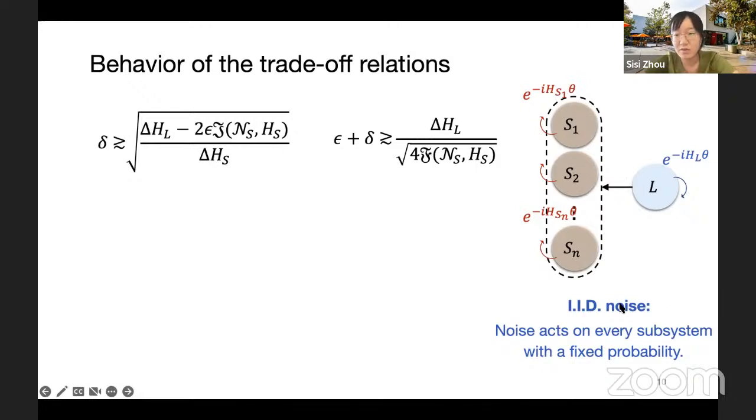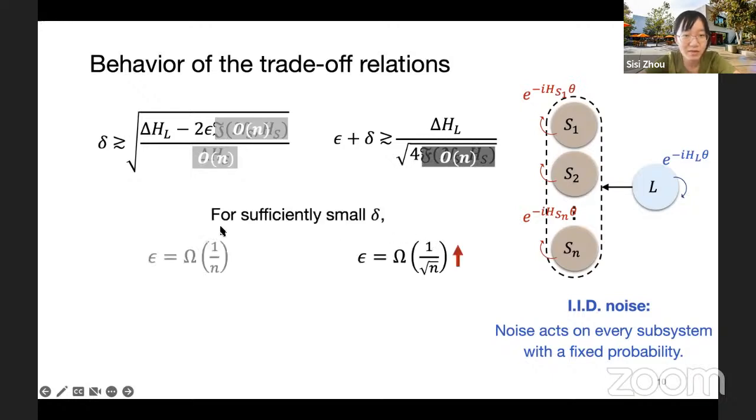It is stronger than the random local noise because noise does not act on only one of the subsystems. In that case, one can verify that the scaling of J and delta H_S does not change, but the scaling of F is going to decrease to linear scaling with respect to n.